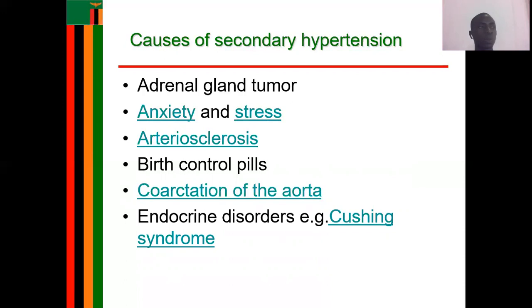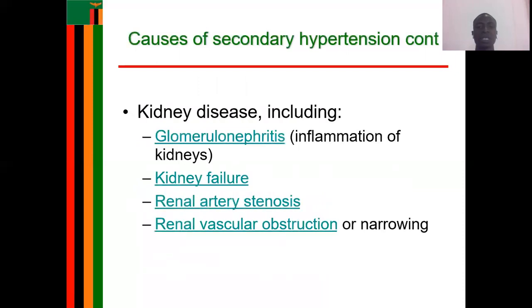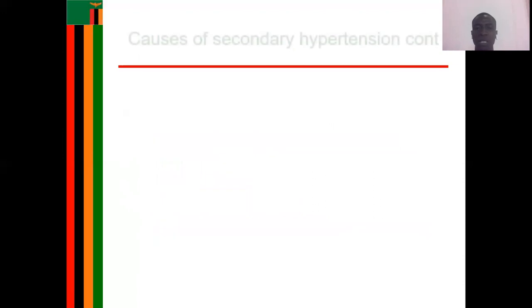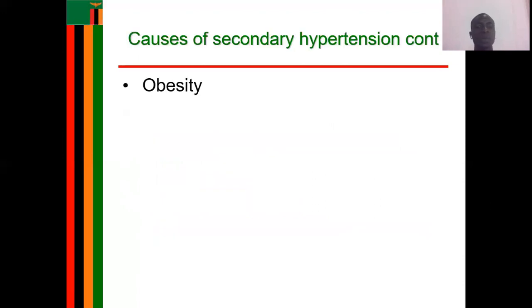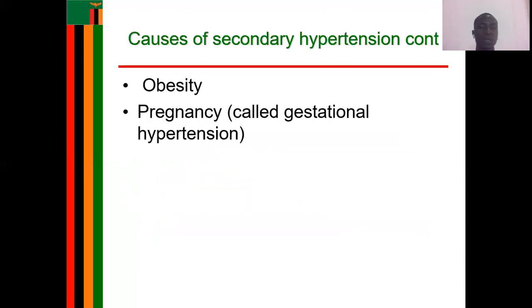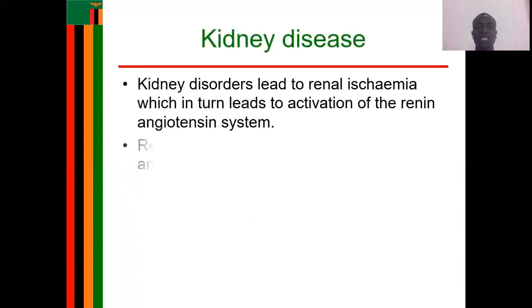Endocrine disorders such as Cushing syndrome and diabetes mellitus can cause it. Kidney diseases such as glomerulonephritis, kidney failure, renal artery stenosis, and renal vascular obstruction or narrowing can cause secondary hypertension. Obesity and pregnancy can also cause secondary hypertension.